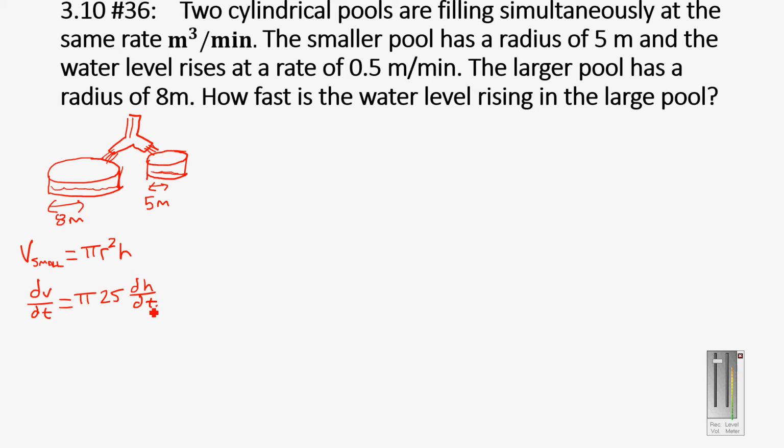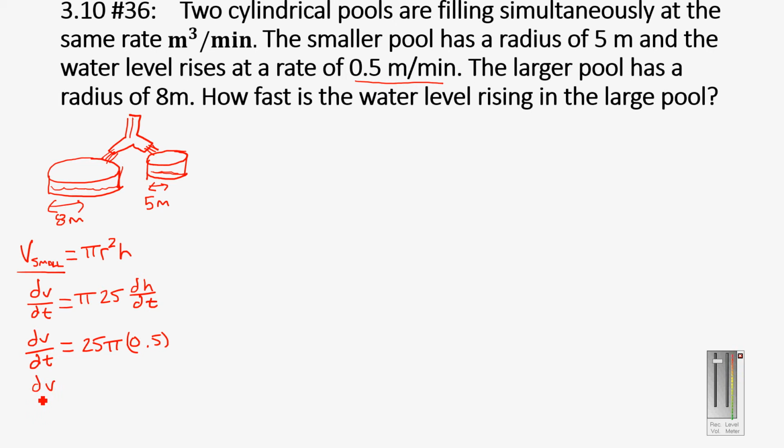So those are both derivatives. However, what's interesting here is I do know this change in height. So again, we're talking about the small one here. I do know the change in height with respect to time. The change in height with respect to time was 0.5 meters per minute. So that's kind of interesting. So dV/dt of the small one would be equal to 25 pi times 0.5.